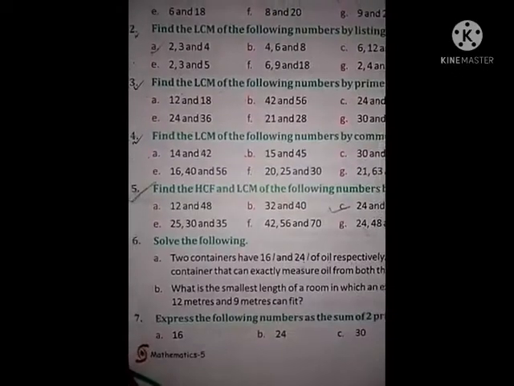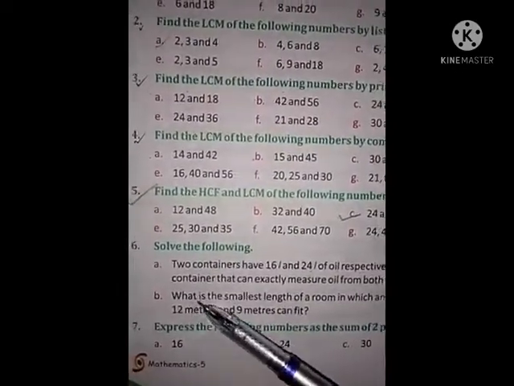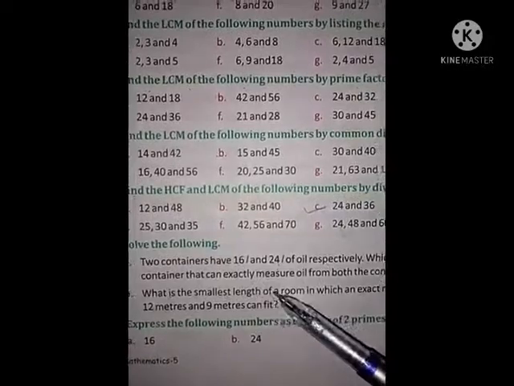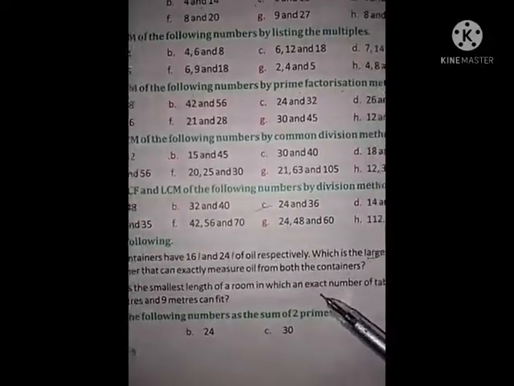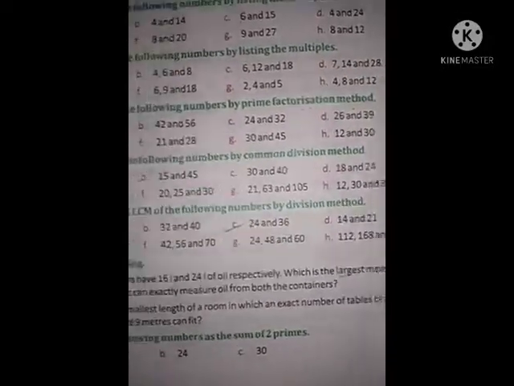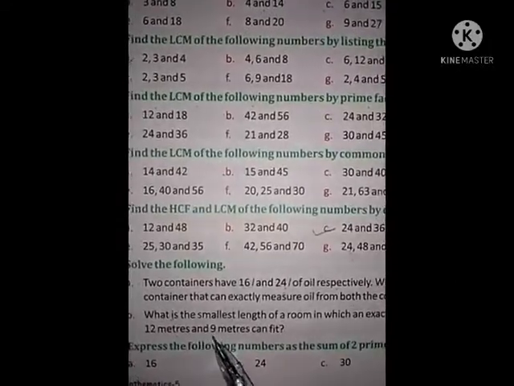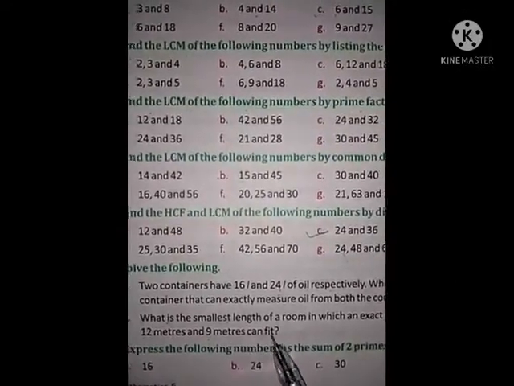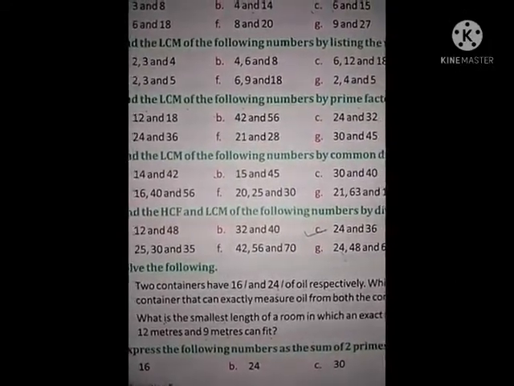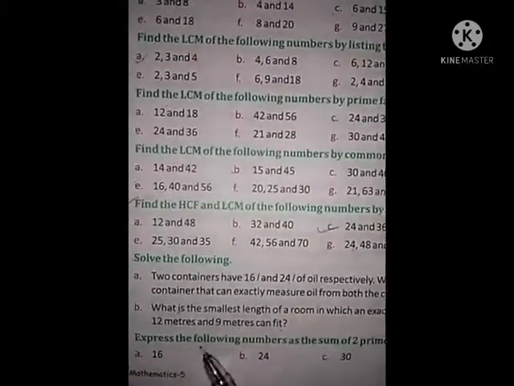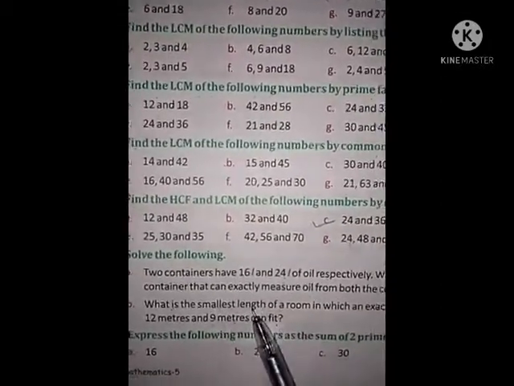See question number B. What is the smallest length of a room in which an exact number of tables of length 12 meters and 9 meters can fit? So we have to find the smallest length.